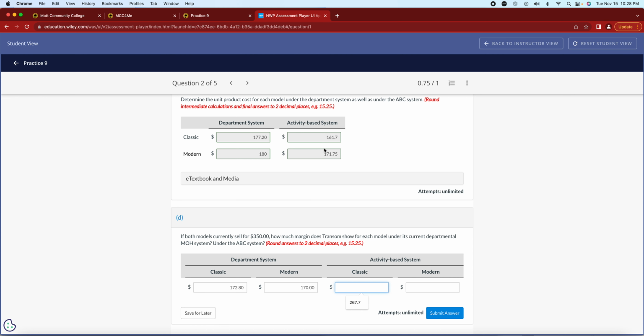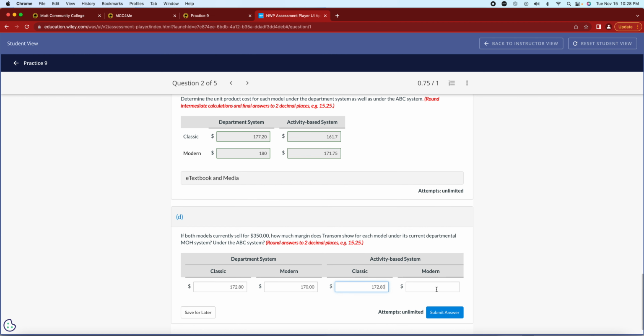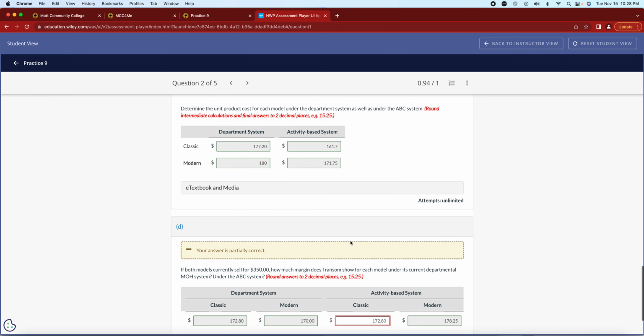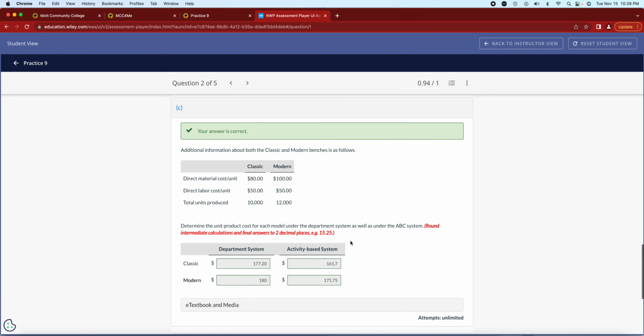Okay, so 350 minus 161.70 gives me 172.80. And then 350 minus 171.75 gives us 178.25. See if we're good here. Partially correct. What did we do?